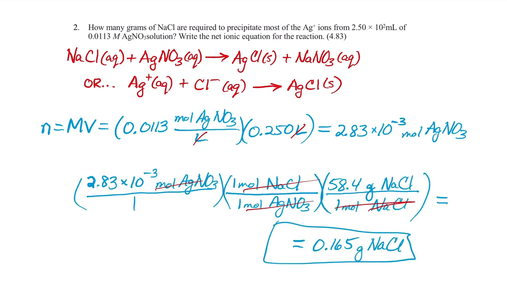The next step is to take the number of moles of silver nitrate and use it to determine how many grams of sodium chloride need to be reacted. So we'll start with stoichiometry, 1 mole of sodium chloride per 1 mole of silver nitrate. Now we're in moles of sodium chloride, so we multiply by the molar mass, 58.4 grams per mole, to get our final answer, 0.165 grams of sodium chloride.